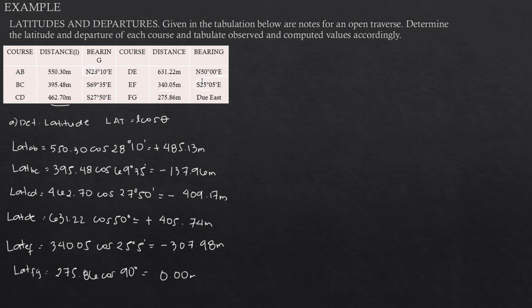Okay, so horizontal siya, ibig sabihin, horizontal lang tong length natin na FG. So, wala siyang latitude. Wala siyang vertical component kung vector siya.